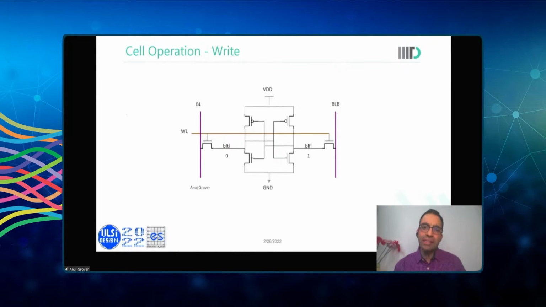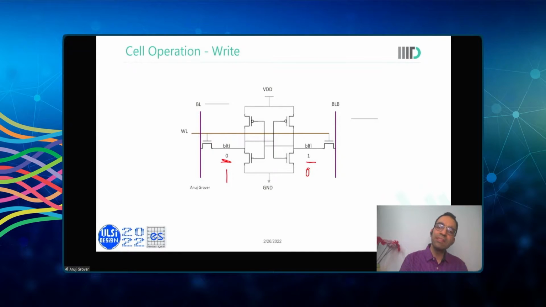When we want to write into the memory cell, as you notice, initially we have a 0 written on this side and 1 written on the other side. When we want to write the other data, what this means is I would want to write a 0 on the other side and 1 on this side. So what we do is we take the bit line on the side on which we want to write a 0 to 0.